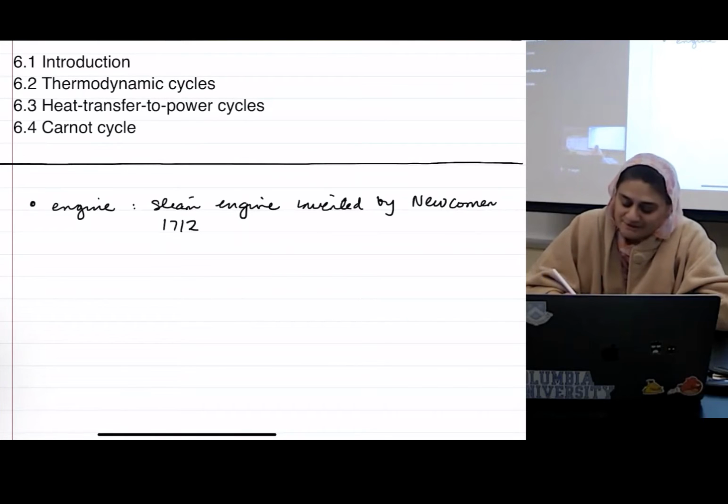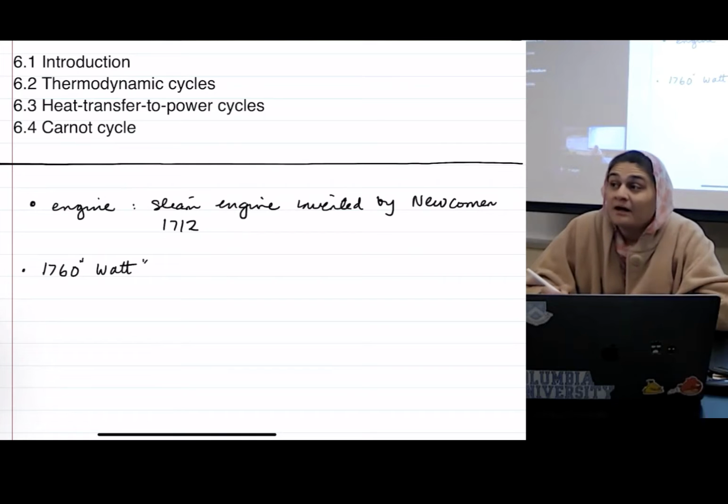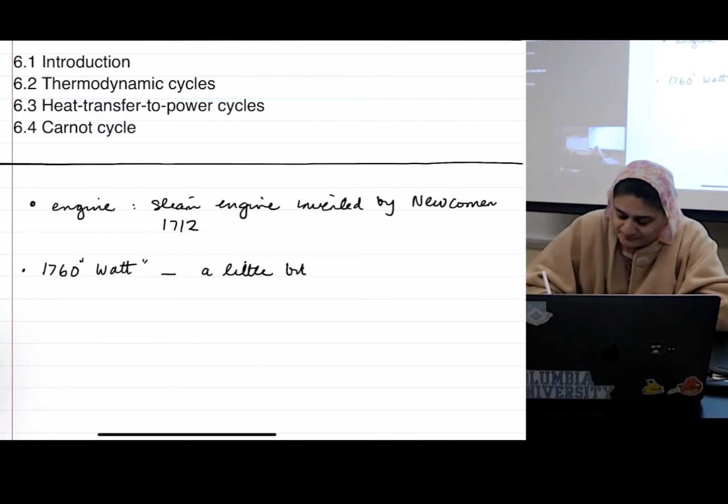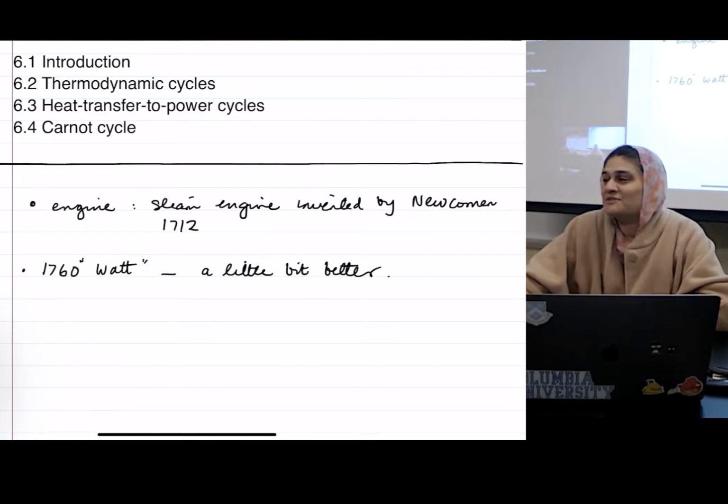Then 50 years later, after terrible, terrible consequences, Watt, which is also the unit of power, right, produced a steam engine that was a little bit better. In terms of not blowing up as much, but again, extremely inefficient.